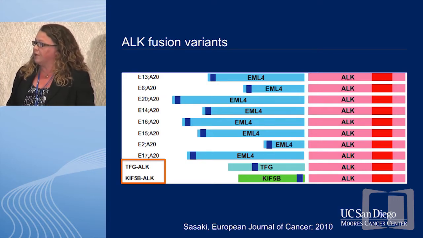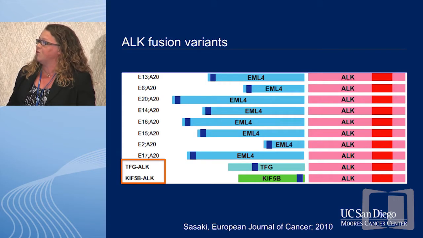What's important here is that even though we tend to think of the ALK fusion gene as ALK fused with EML4, sometimes it can be fused with TGF, or sometimes it will be fused with KIF5B, which will go back to when we're going to be talking about the RET oncogene. The significance of those fusion variants at this point is unknown in patients.